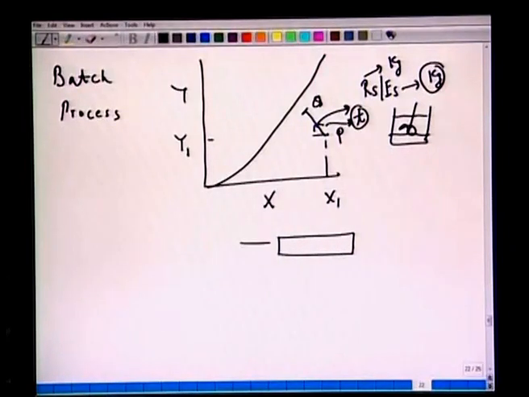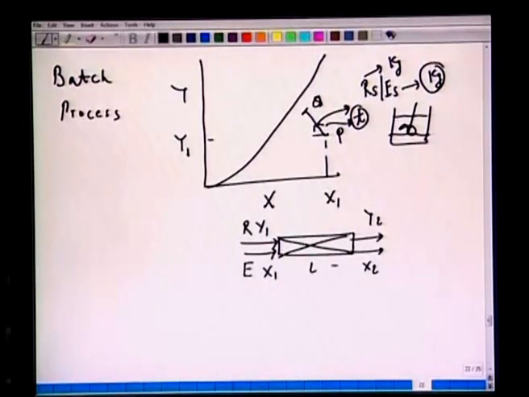So we bring the two phases here, R and E, and give them sufficient time. The composition changes from say y1 to y2, and for the E phase the composition changes from x1 to x2. Instead of length, we are giving them some time t.